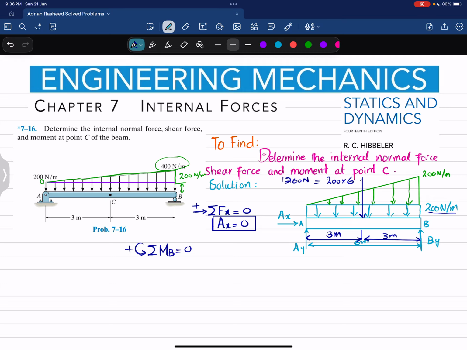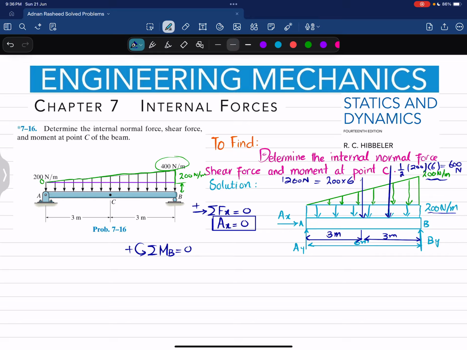Okay, now the second load is this triangular load, and when this triangular load is converted into a point load, it will be like this. The magnitude will be equal to 1 over 2 times its magnitude, which is 200, multiplied by the length over which it acts, 6, and that will be equal to 600 Newton.